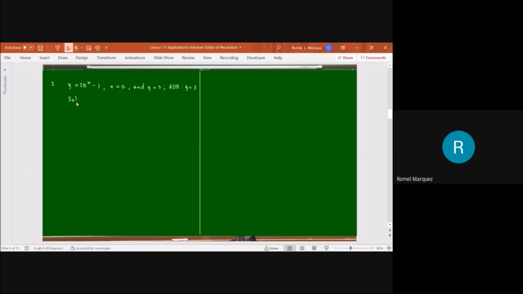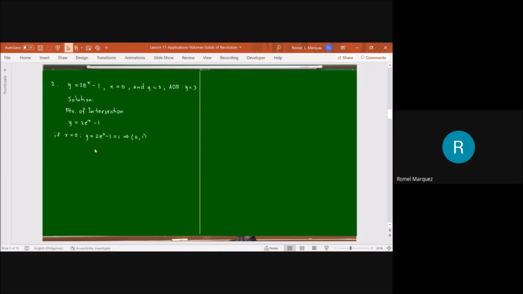So again, we are going to start with the points of intersection to be able to sketch the region. Our main curve involves an exponential function, y equals 2 e to the x minus 1. If x is 0, we have y equals 2 e to the 0 minus 1. The value of y is 1. Hence, we have the point 0, 1. Okay, guys?